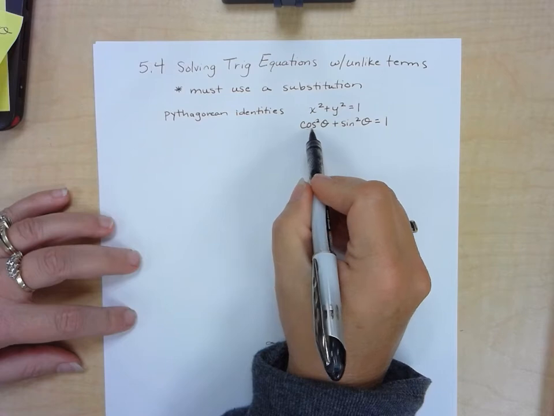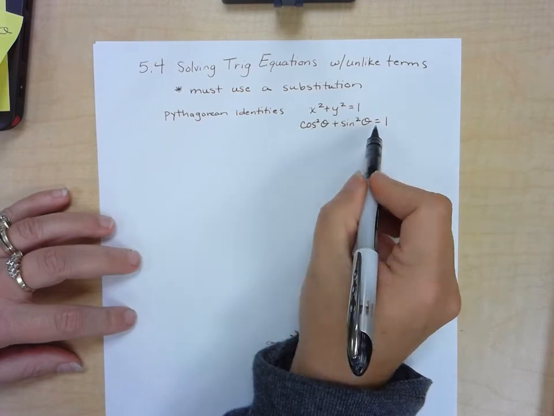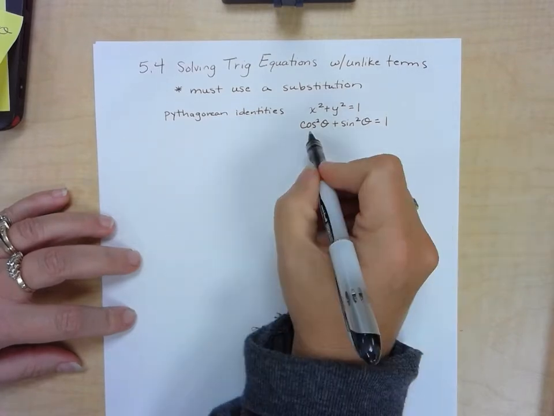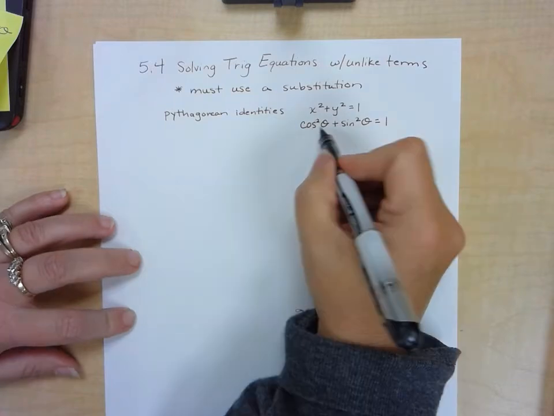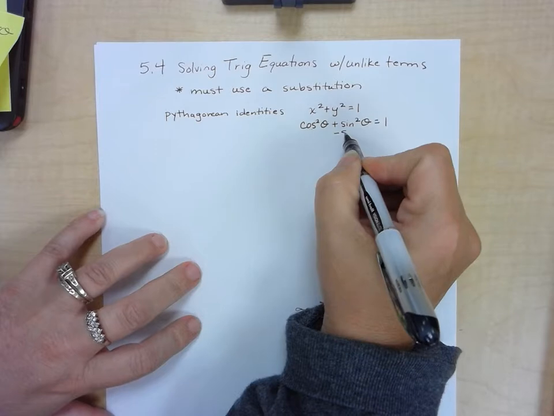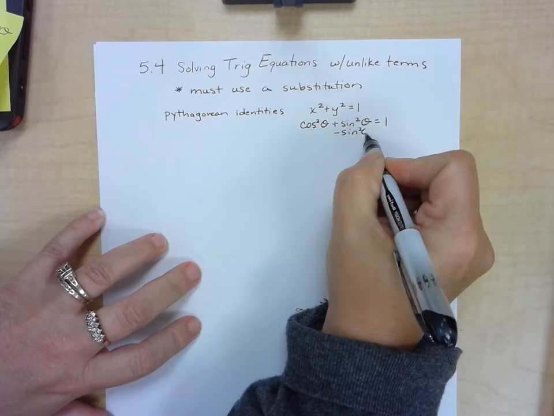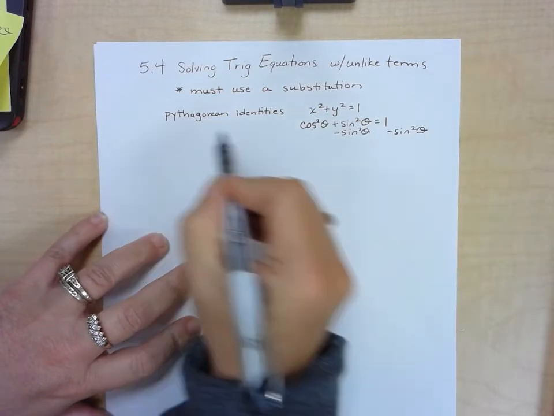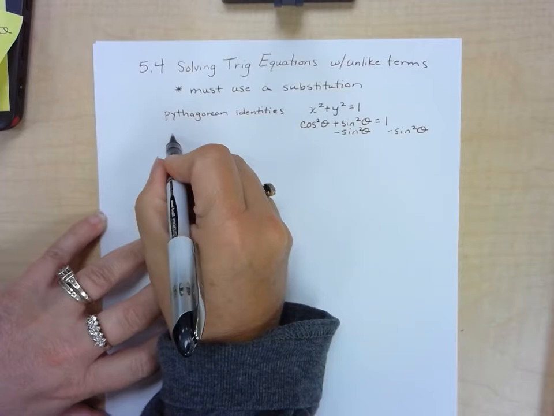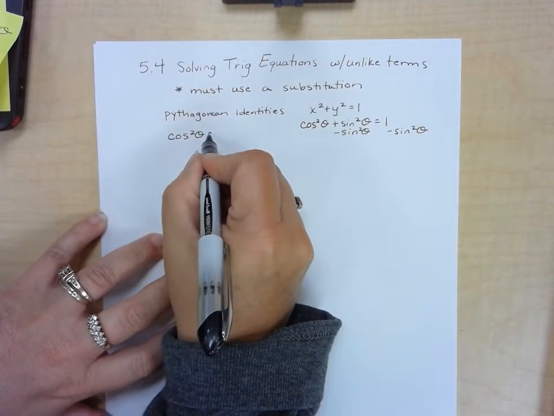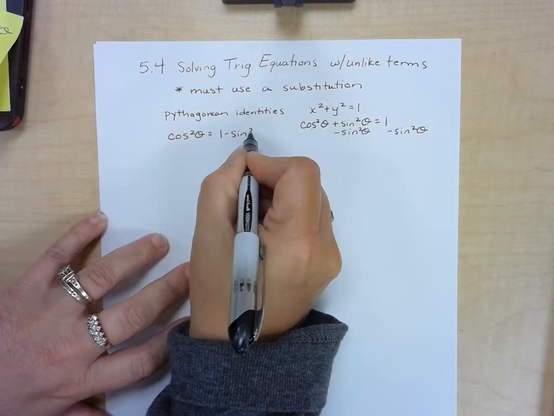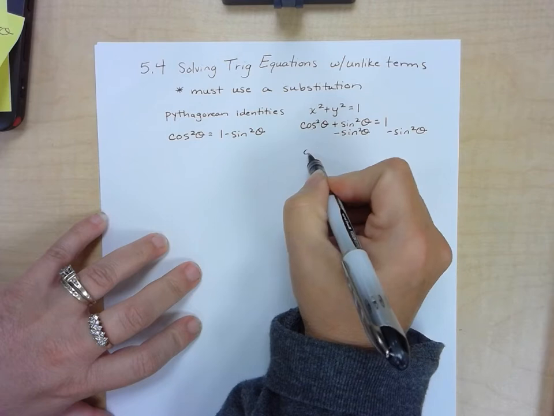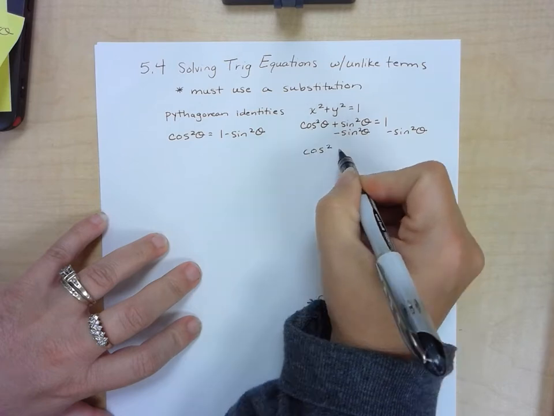Now for the substitution purposes, we're going to rewrite that and solve for cosine squared. If I were solving this for cosine squared, I would subtract sine squared theta from both sides. That gives me the first one that could be used, and that is that cosine squared theta is equal to 1 minus sine squared theta. And if I would prefer to solve it for sine squared, then I'm really going to do the same thing.